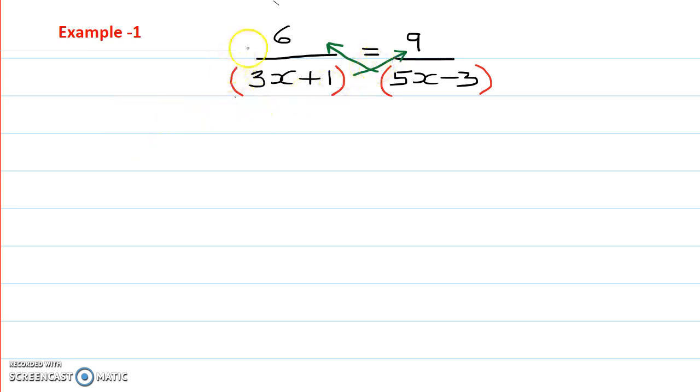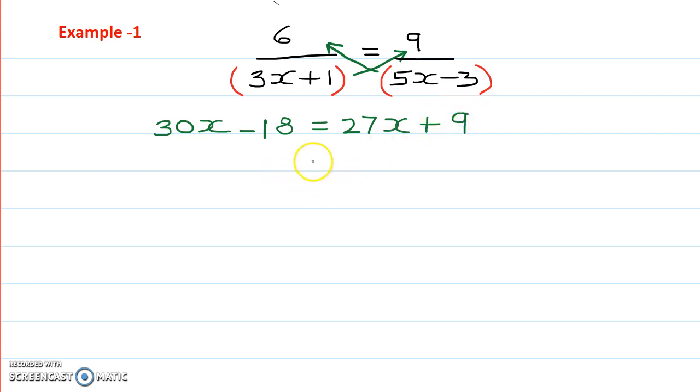So when we multiply, 6 times 5 is 30x, and 6 times 3 is minus 18. And multiplying 9 with 3x gives 27x, and plus 9 times 1 is 9.